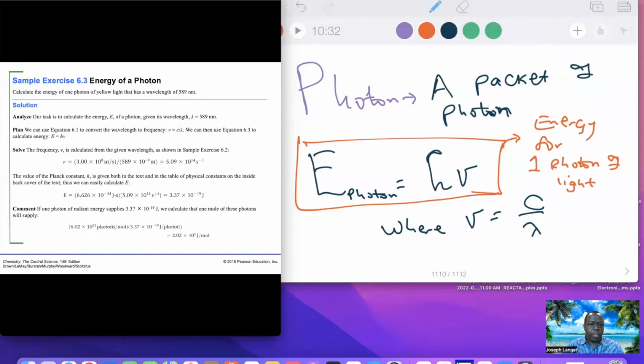You can be asked for 1 mole of photons, given the energy of 1 photon of radiant energy: calculate the energy for 1 mole of these photons.